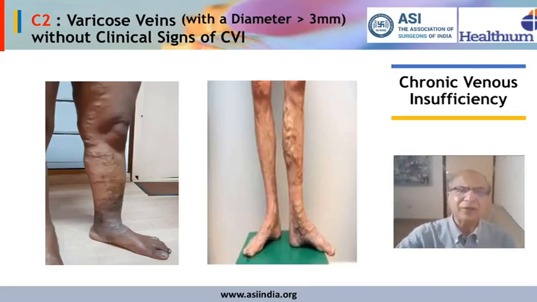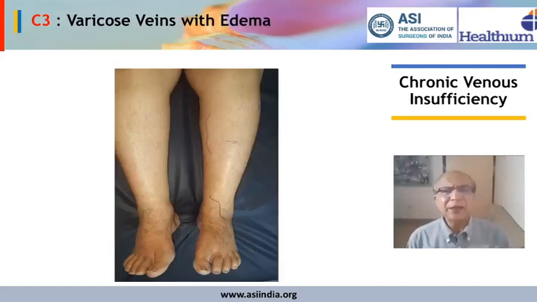In C3, gentlemen, varicose veins have edema. This person has edema, but you can also see changes in the nails. Nails are brittle and have lost luster, and there is some mottling and pigmentation of the skin, which I will show you more in the next slide.